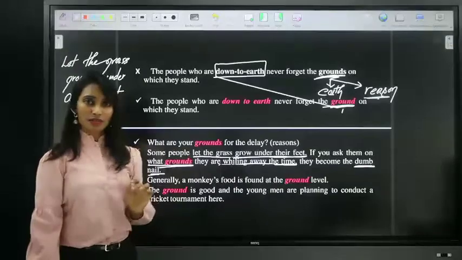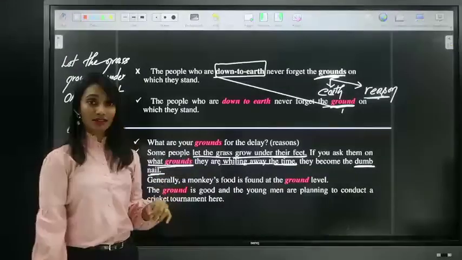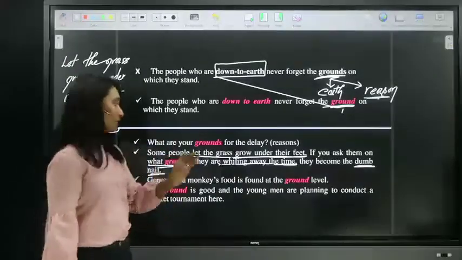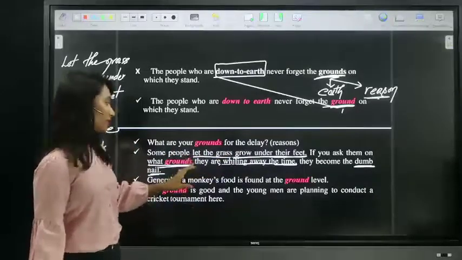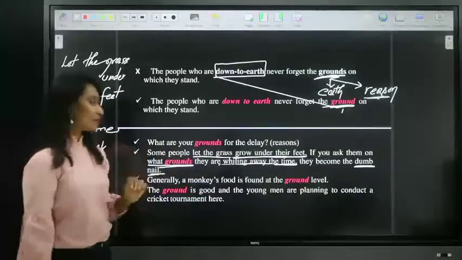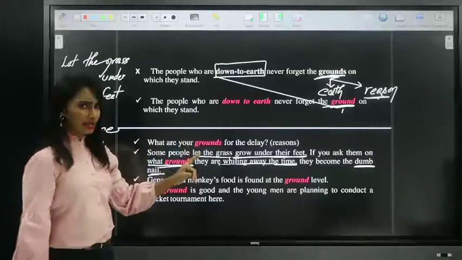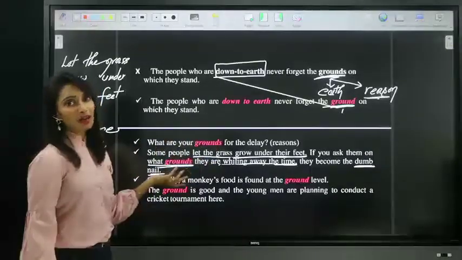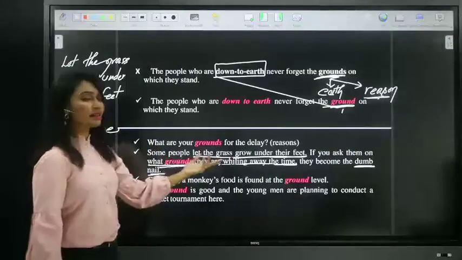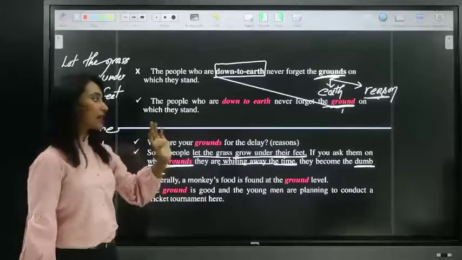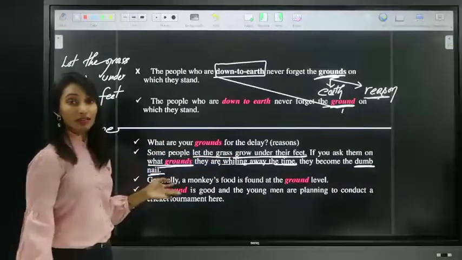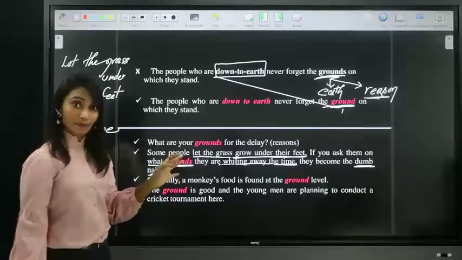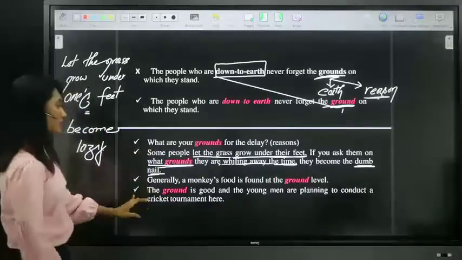They will not speak. They become dumb as if someone nailed. So that is the beauty of this sentence where we use four idioms and phrases. Some people let the grass grow under their feet, become lazy. If you ask them on what reasons they are whiling away the time, wasting the time, they become the dumb nail. They will not speak. They become dumb.